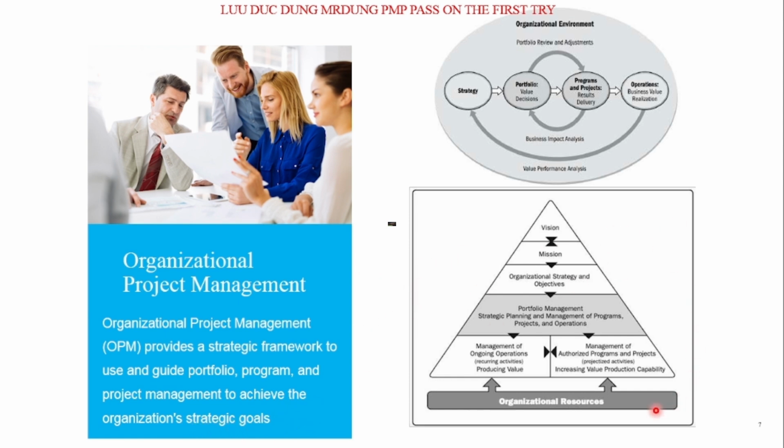For example, we have a diamond here, the diamond, and where is the project? Here. Observe the diamond here.